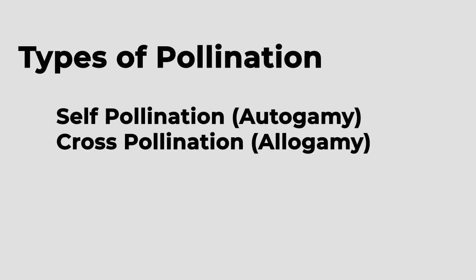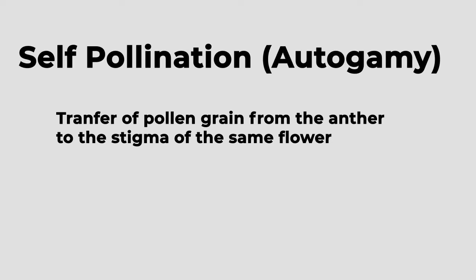Based on the flower on which the pollen reaches, pollination is classified into self-pollination or autogamy and cross-pollination or allogamy. Now let us learn about self-pollination. Transfer of pollen grain from the anther to the stigma of the same flower is called self-pollination.